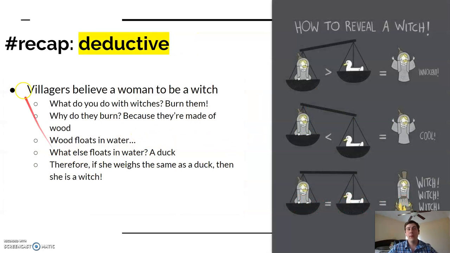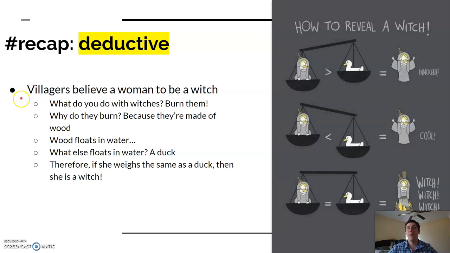Deductive reasoning. So, if you can, and make sure you talk to your parents beforehand, I highly encourage you to find a YouTube clip from Monty Python and the Holy Grail. There's a scene in there where the villagers believe that they have found a woman who is a witch.